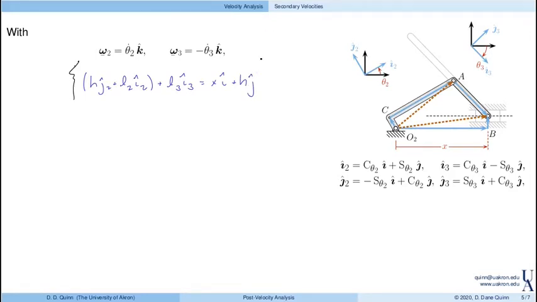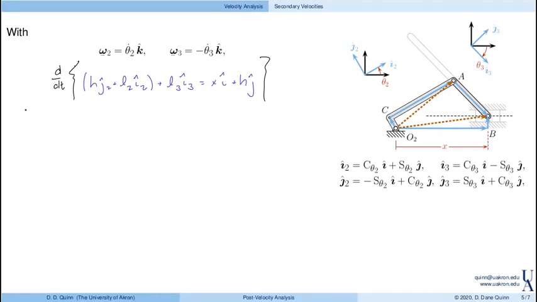So now, to develop the velocity equations, we take the derivative of this. So each term, we again evaluate the change. So let's look at these one at a time. Again, h is fixed. All these lengths, with the exception of x, are fixed.